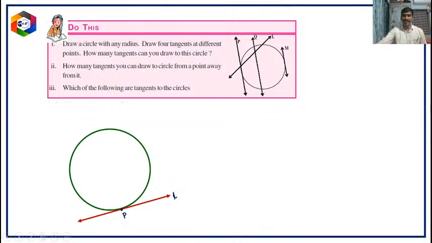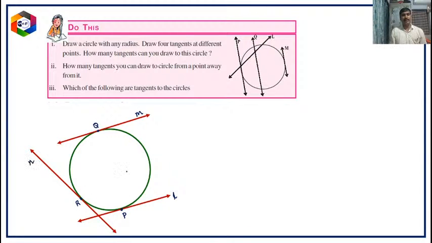Now let us observe one more. This is also another line which touches the circle at another point Q, and I assumed it as M, and it also touches the circle at one point. Therefore it is also a tangent. Now I have drawn this side. Here is a point R. At this particular point it touches.